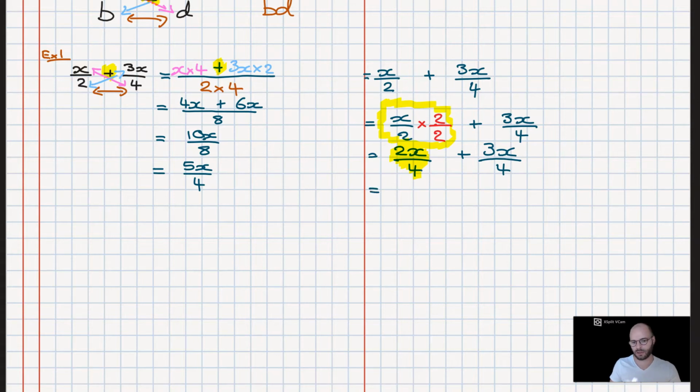Now, because we've got a common denominator here, we can simply go 2x plus 3x. So we can simply add the two numerators together and put it over the common denominator, which is 4. And then simplifying that, we get 5x over 4. So a bit of a shortcut you can use when you're more proficient or when you're feeling confident in adding and subtracting fractions together.